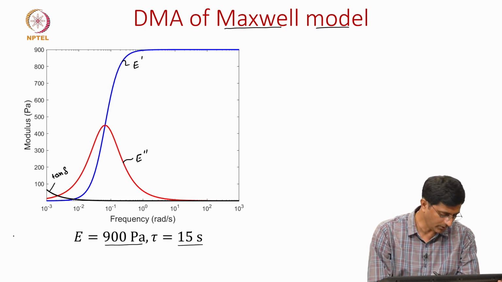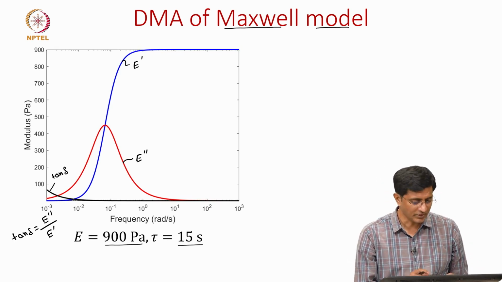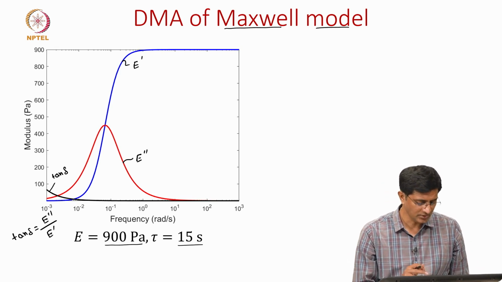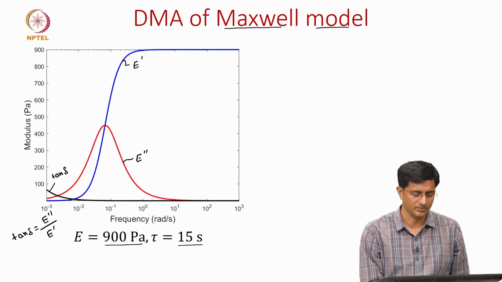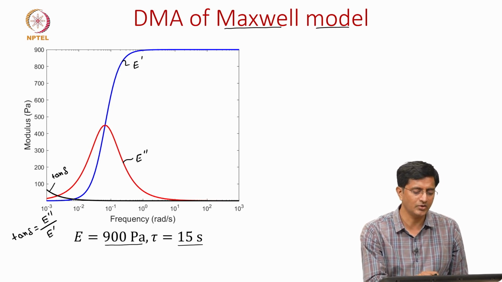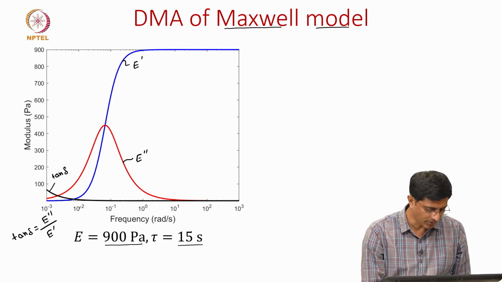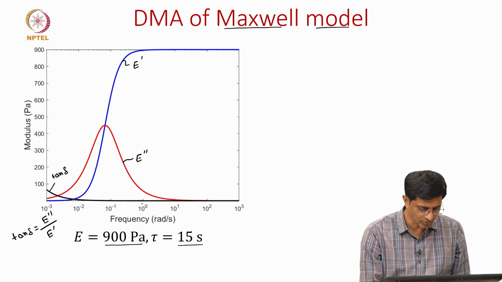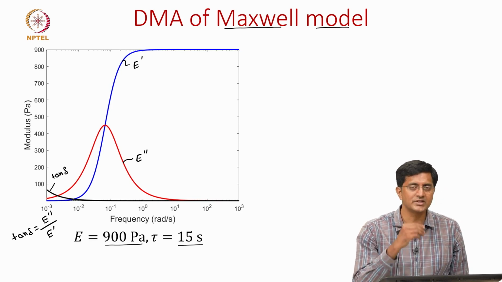I hope you remember the tan delta we have defined as ratio of loss modulus by storage modulus. Okay. So let us focus on the storage modulus, we see at very low frequencies it is almost constant. The same is true at high frequencies, the value is constant. But at intermediate frequencies, let us say between 10 power minus 2 and close to 10 power 0, that is where the modulus values increase significantly.